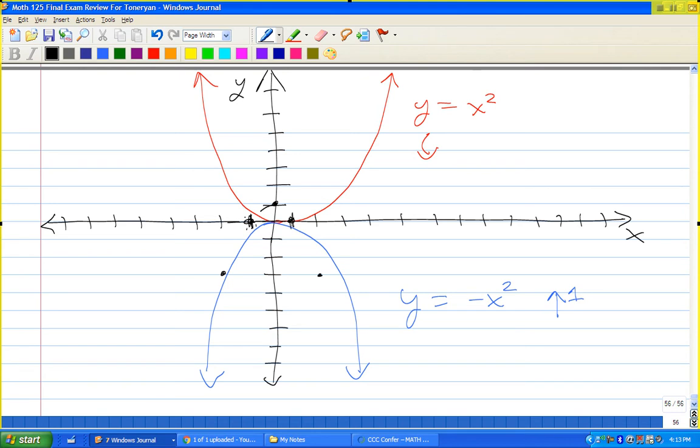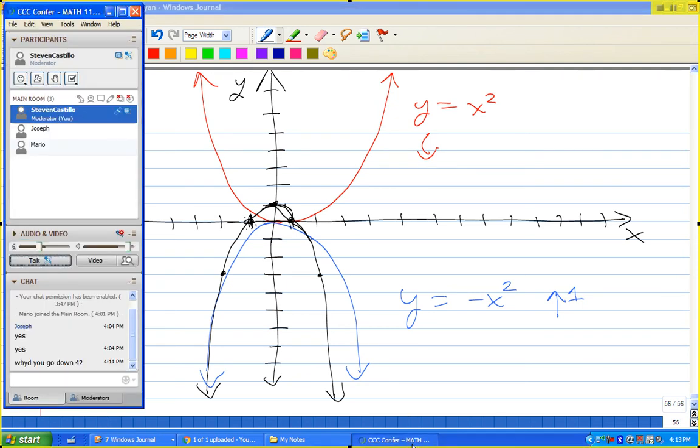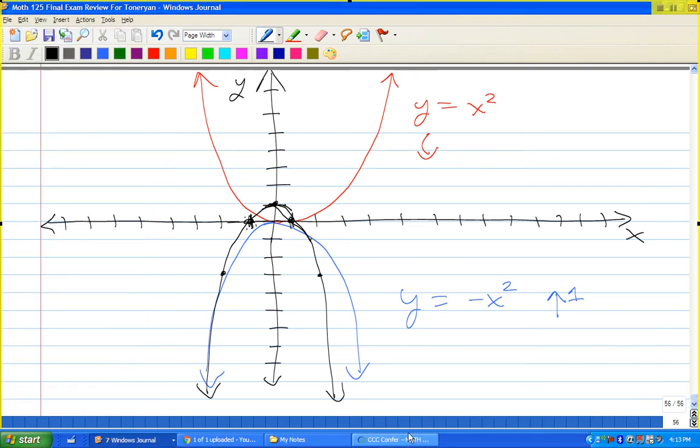Okay, so it should look something like that. Yes. Oh, 4. Let me draw this a little bit better, because 1 squared is 1 and 2 squared is 4. So that's why I go over 1 and 4.